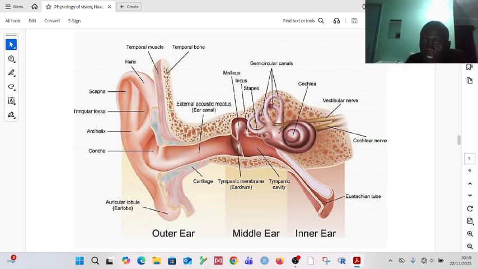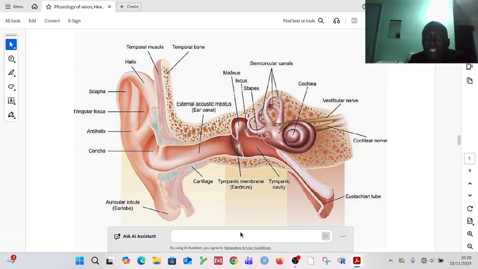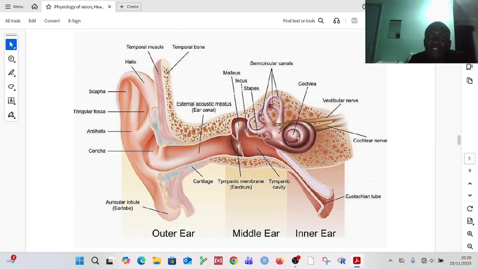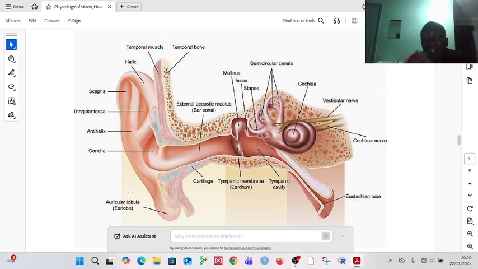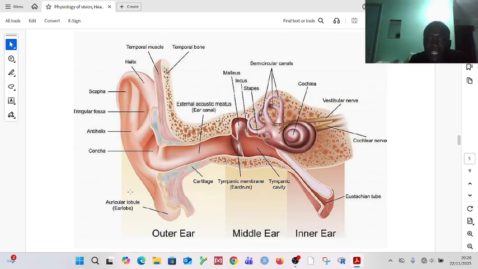It pushed the incus. The incus pushed the stapes. The stapes, as it vibrates like this, pushes that vibration, that motion, to the fluid which is found where? Here inside. Then as that fluid moves, that fluid will now reach the hairs in the cochlear nerve. Then as those hairs move, they are transmitted into nerve impulses, and then sent where? To the cerebral cortex. Okay? To the cerebral cortex.